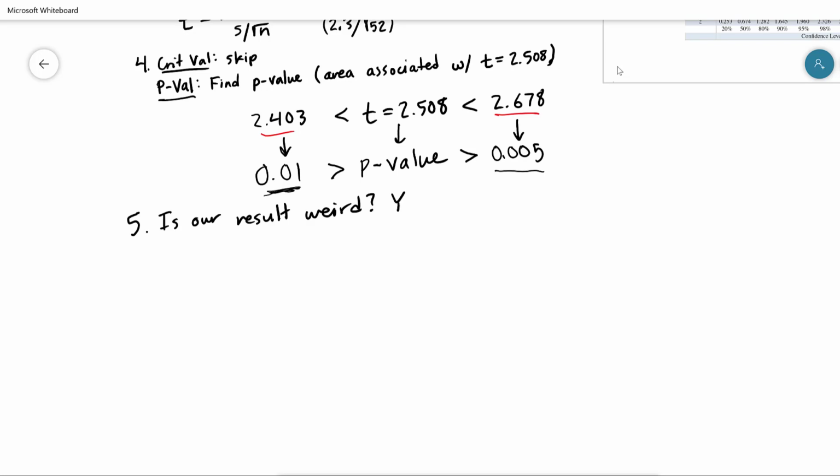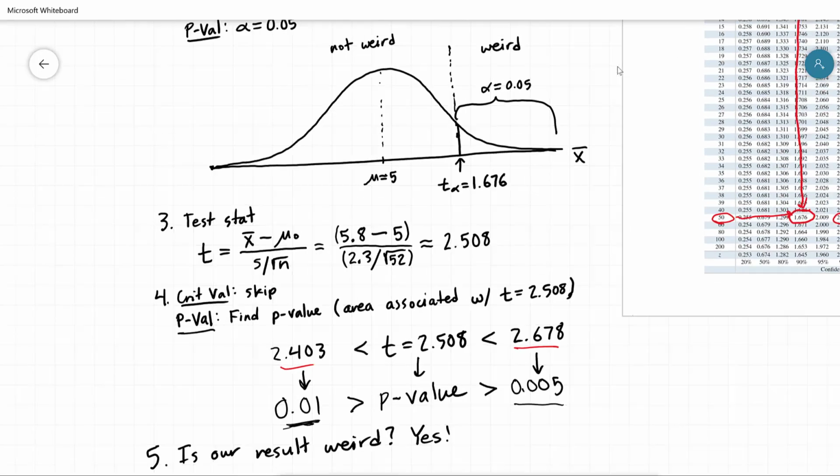The answer is yes. And it's yes because, coming back to our picture, we found that our t-score, our result, wound up falling somewhere over maybe there-ish. There is t equals 2.508. And this little tiny area in here, that little area, which I'll do down here because there's more room, that's the p-value.